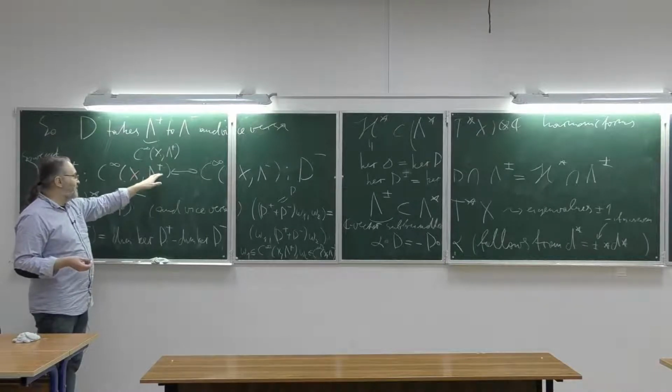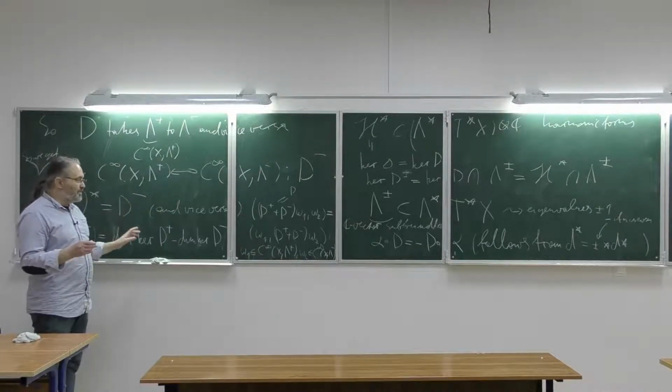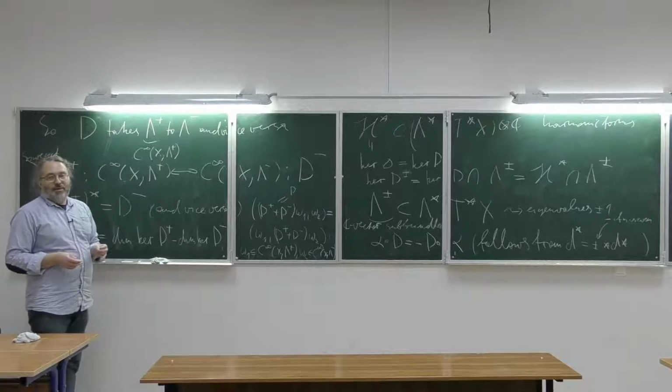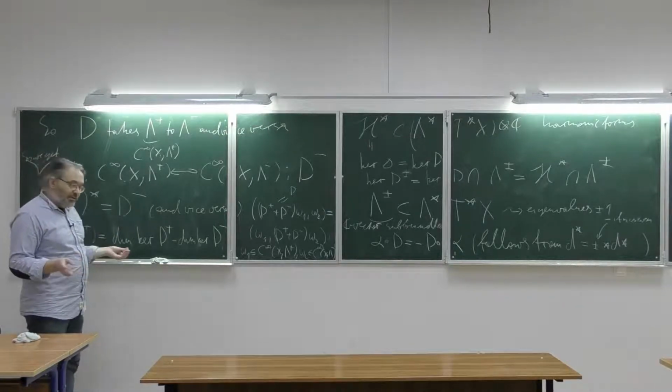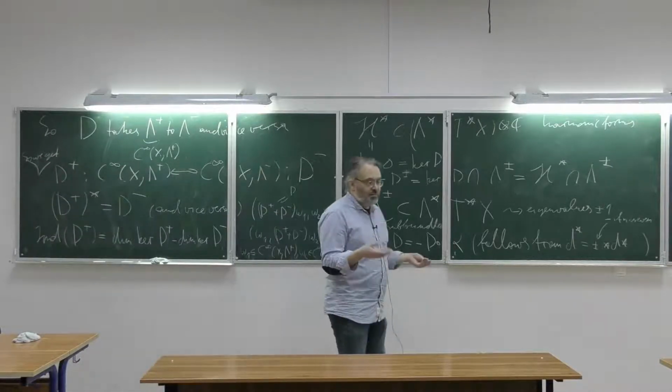Well, let's use lambda plus for the eigenvalue +1 of alpha just today. And in general, the elements of lambda plus and lambda minus are not homogeneous. They are just collections of forms of all degrees.